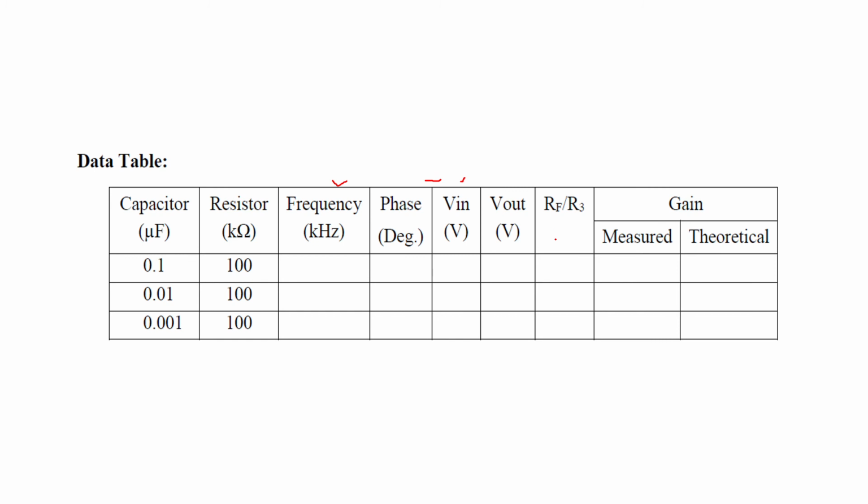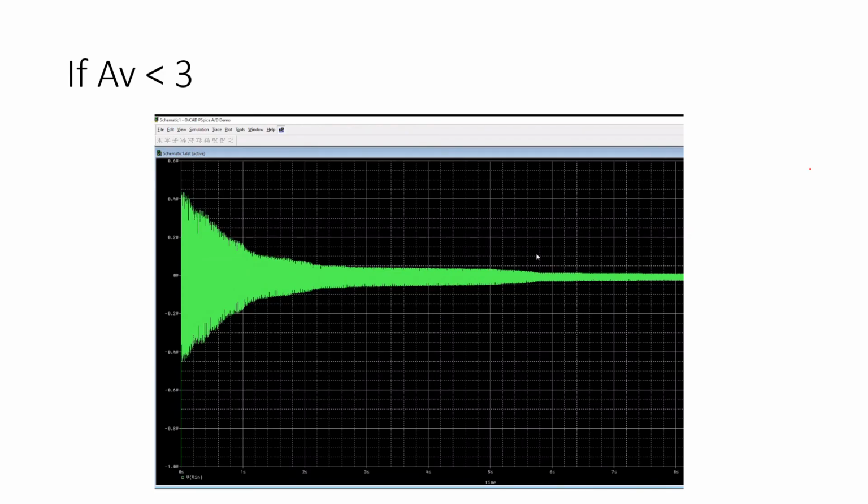The gain, as I mentioned just now, is V out divided by V in, and the theoretical can be 1 plus RF divided by R3. So here you have to play around with the value of RF and R3 until you get 3.